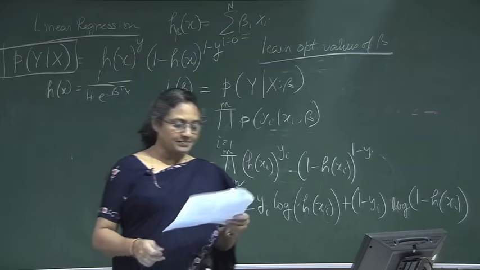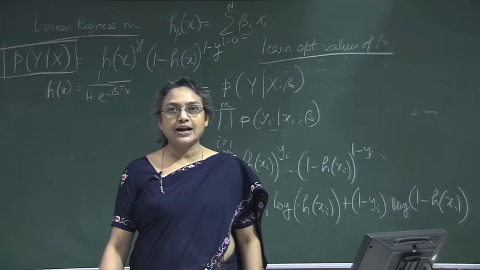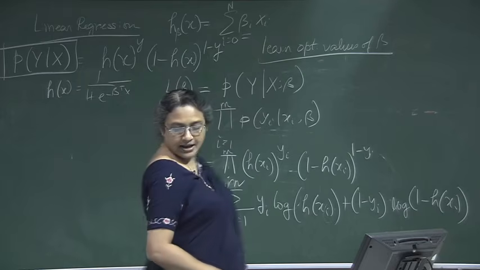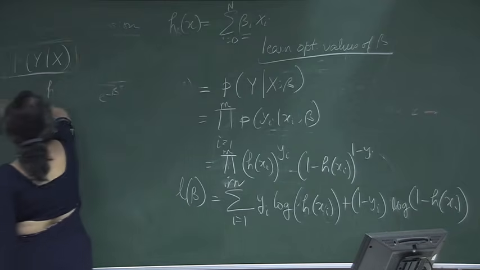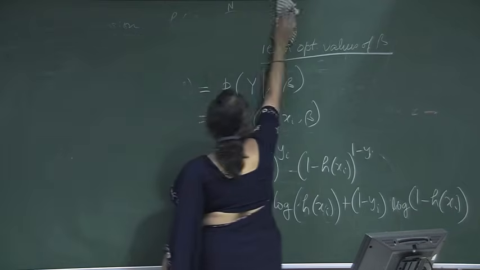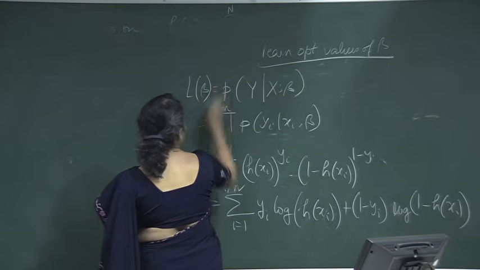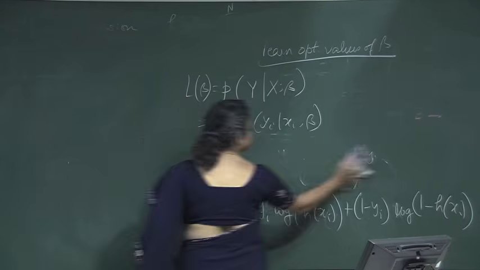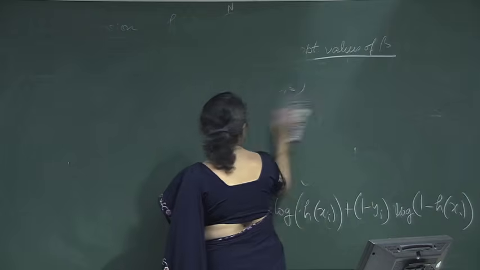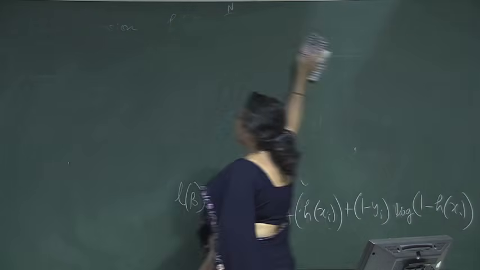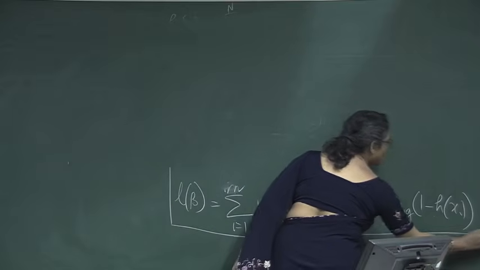Now, we have to maximize this likelihood, and in order to maximize it we do gradient ascent. So, we have this function here which we want to maximize.